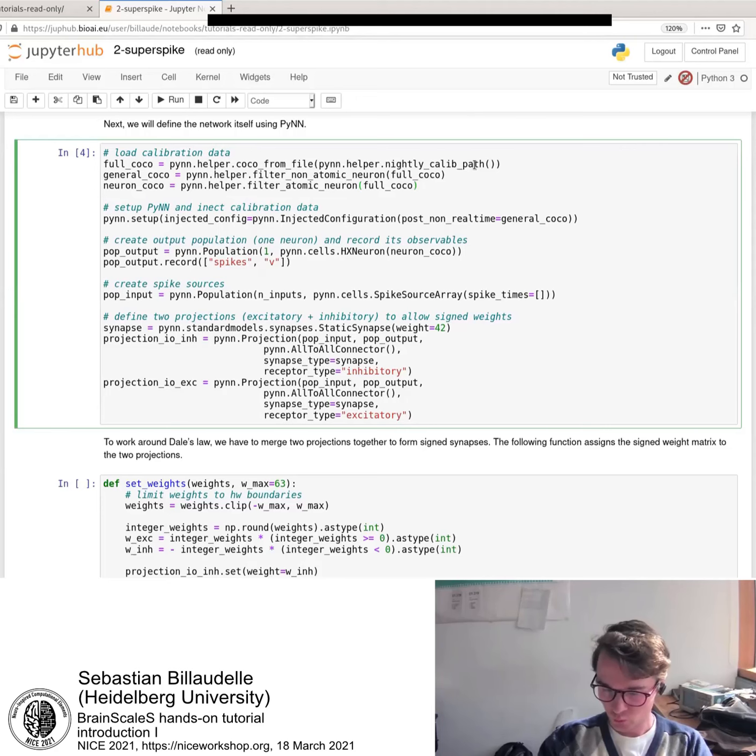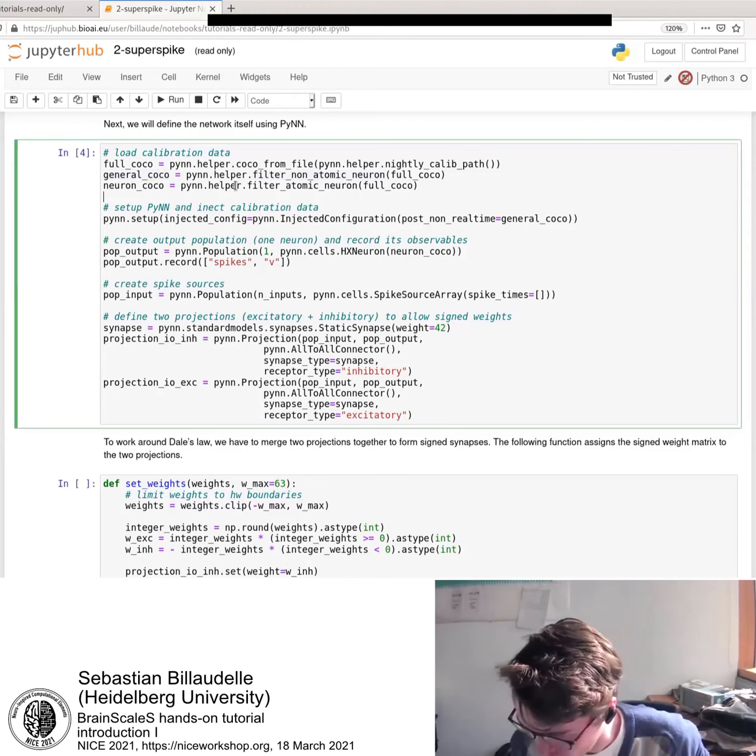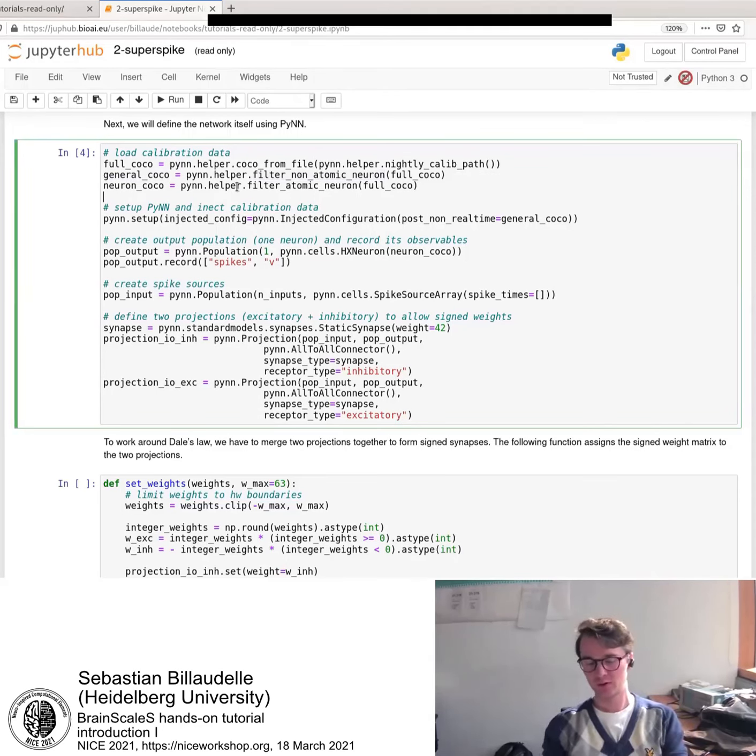So we get the nightly calibration path for your personal setup, load these things called COCOs from this file, and then split these COCOs into general COCOs and neuron COCOs. A COCO is a coordinate container list. So it's basically a list of addresses for configuration registers on the hardware. These we call coordinates. And then containers, and these containers contain the configuration itself. So it's a list of configuration data and addresses that tell the backend where to write these configuration data.